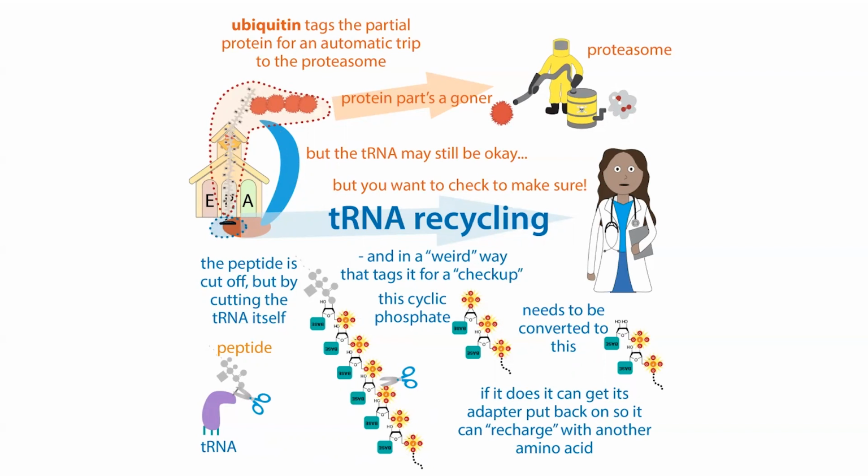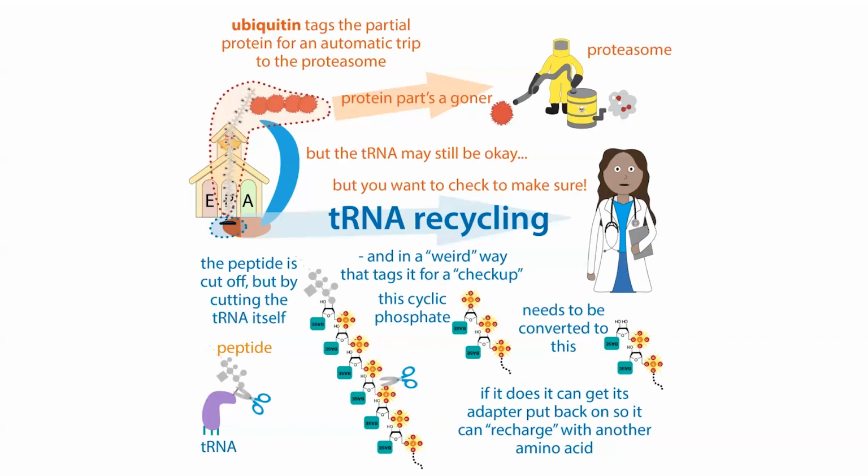So remember that in the context of having this stalling, you're not having that peptide chain release like it would be if you had an elongation factor come in. And since you don't have an elongation factor come in and cut off the chain, you're going to have that still attached, and so you need to cut it off.